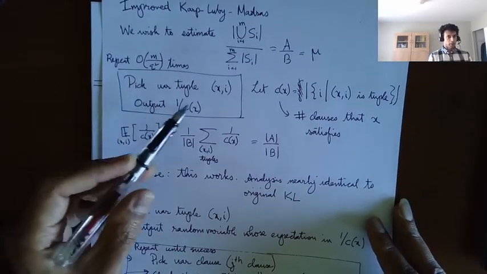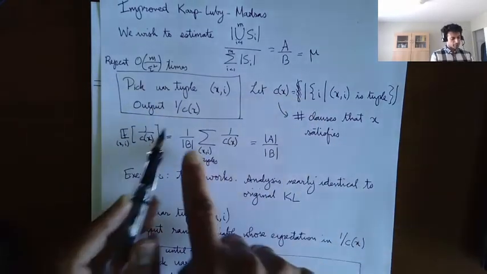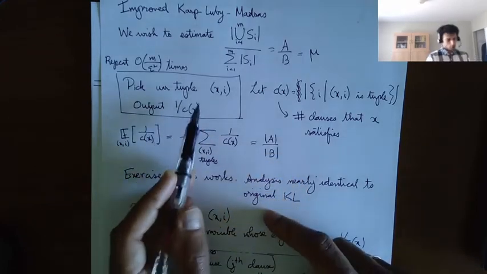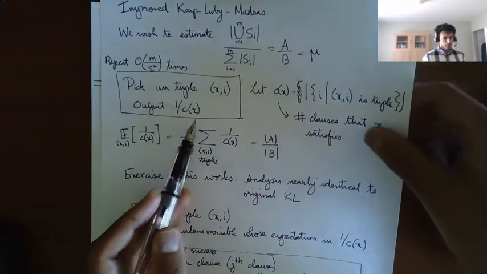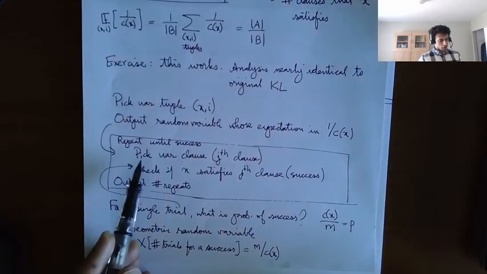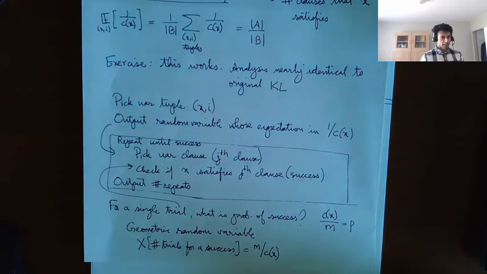If I pick a uniform random tuple xi and I output 1 divided by c of x, the expected value of that is exactly a divided by b. So I need to output this. Instead, what I can do is construct a geometric random variable whose expectation is exactly that.